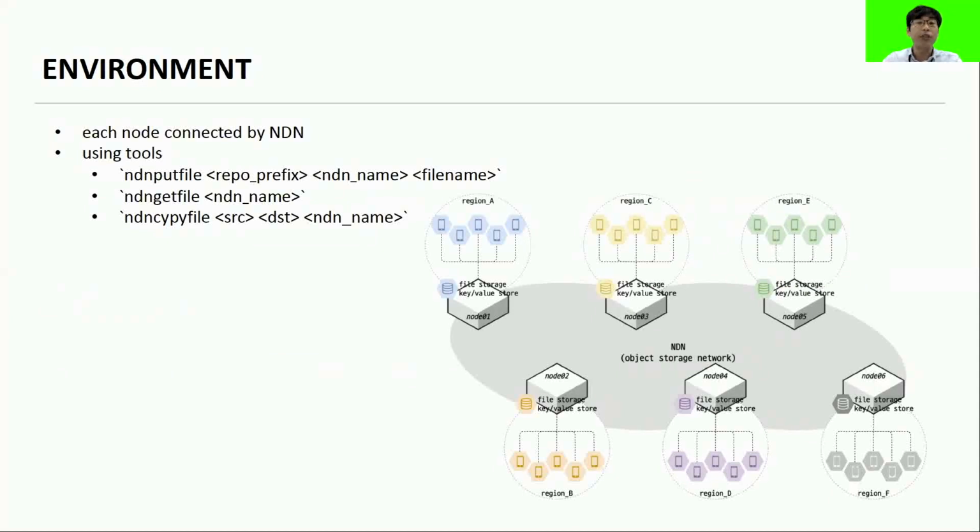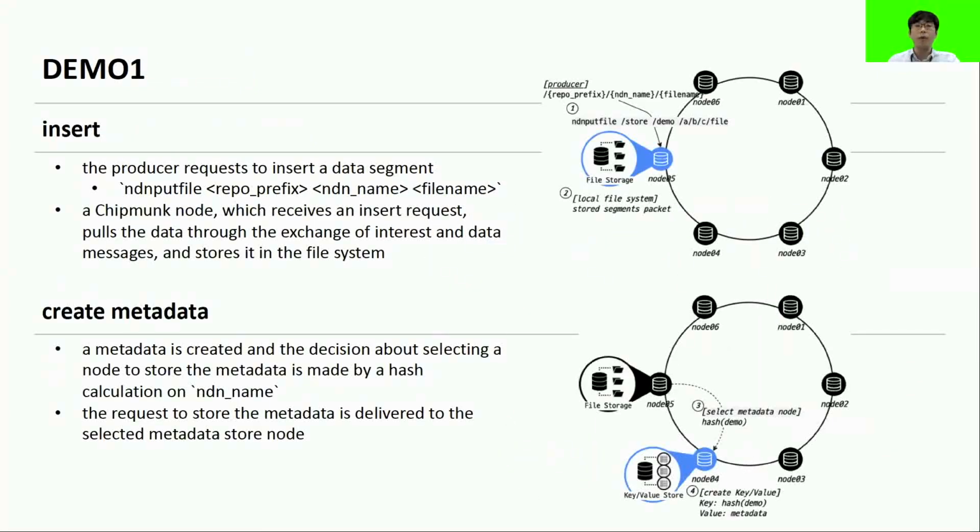This demonstration shows data insertion and retrieval in the Chipmunk cluster. We will use Chipmunk tools based on RepoNG. We have 6 Chipmunk nodes. Each node has a common prefix /Chipmunk.